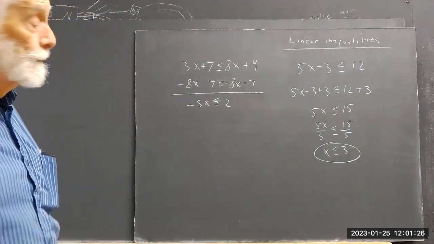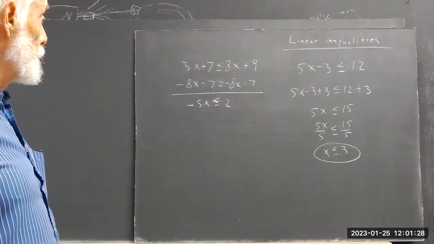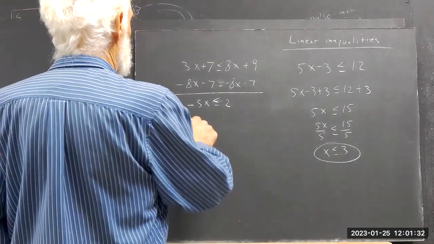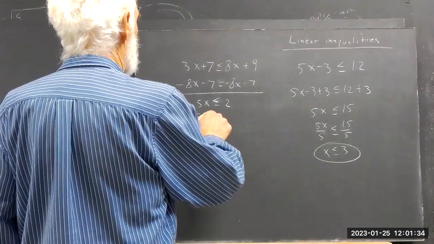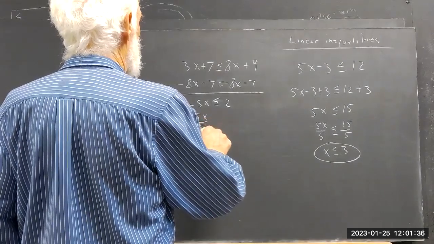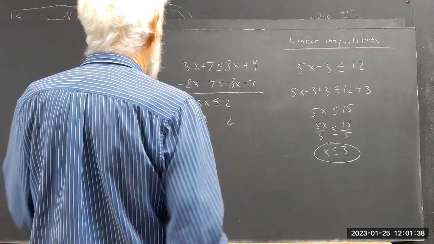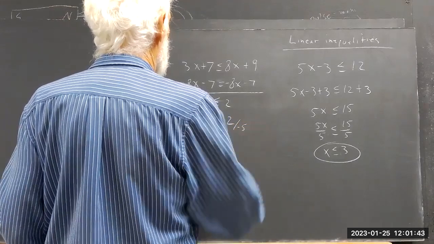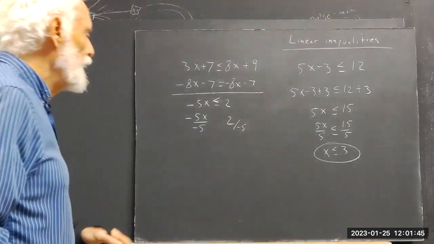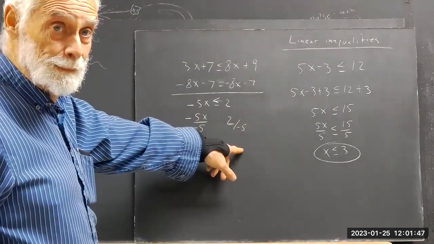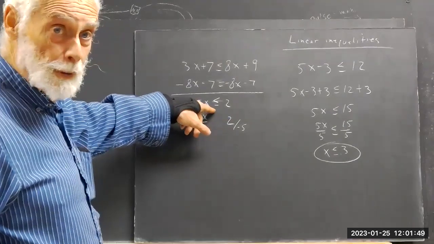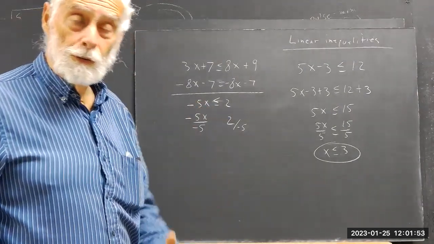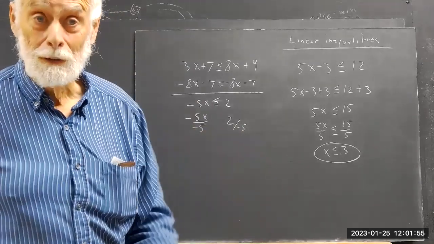And I think that's going to be right. Now I want to divide by negative 5. Got negative 5x over negative 5 and 2 over negative 5. I divided by a negative, so I have to reverse the inequality. If I don't reverse the inequality, my solution is going to differ from yours, and I think yours is right.